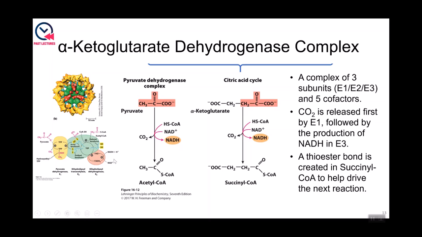Okay, so alpha ketoglutarate dehydrogenase also has 3 different subunits where E1 is first going to catalyze the decarboxylation reaction that we saw similarly in the pyruvate dehydrogenase complex, and then NADH will be made by E3. We're also going to be adding on coenzyme A to form succinyl-CoA, and this new thioester bond will help drive the next reaction in the cycle.